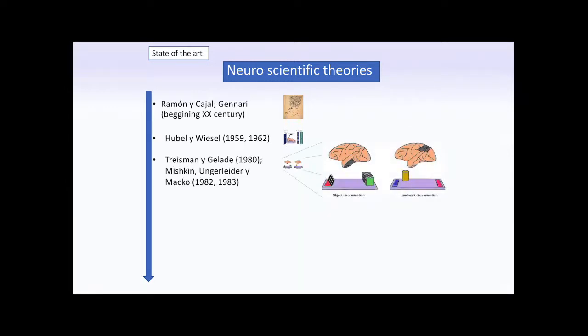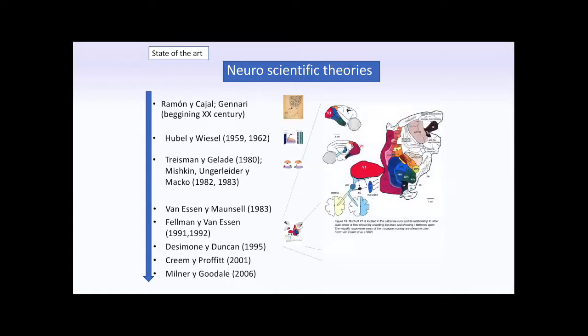Later, Treisman and Gelade, Mishkin, Ungerleider, and Mace developed some theories about object discrimination and landmark discrimination. From these, there is a whole level of theories by prominent scientists that give accounts to answer the question of where the perceived objects are or what the perceived objects are.